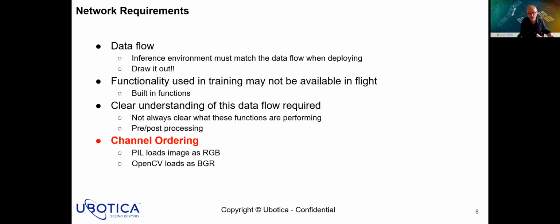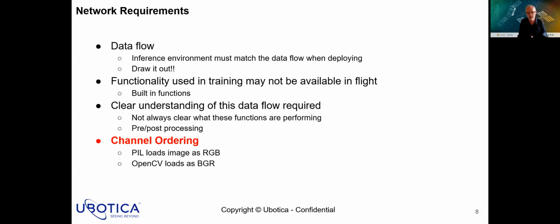All right. But when we go to deploy on the edge, on the space asset, and this applies not only to deploying on satellites, but on any edge device, it's about understanding exactly what's happening in the training framework, so that you can reproduce that processing flow when you go onto the edge device.